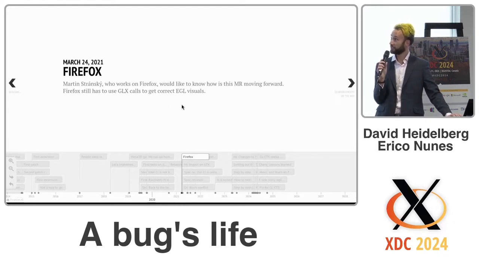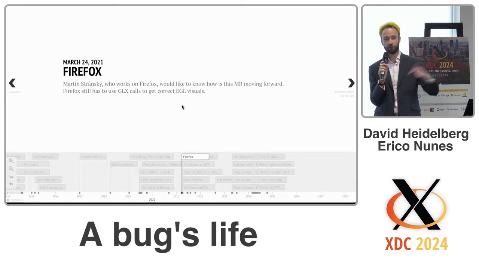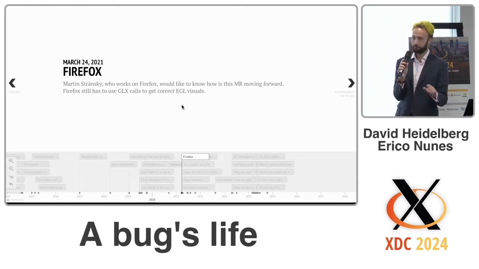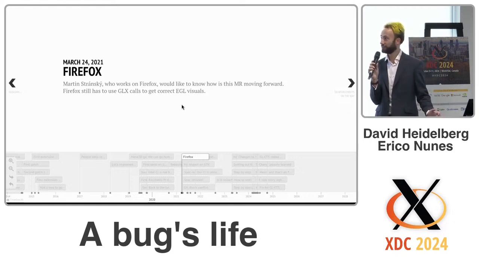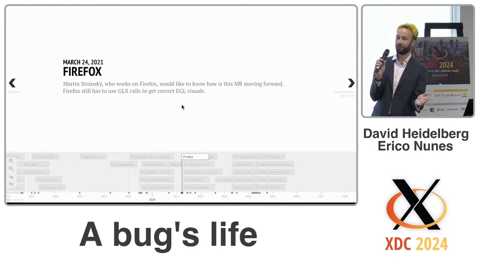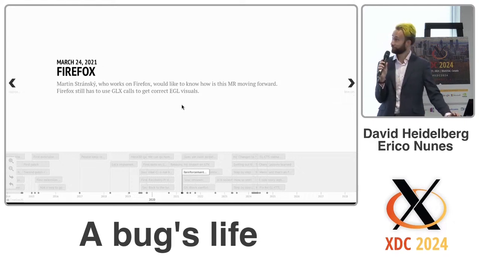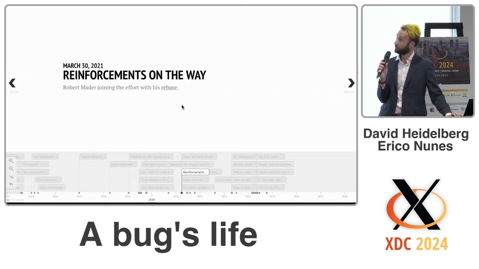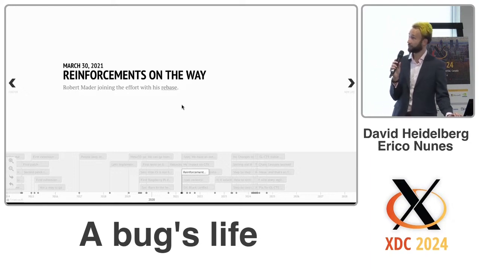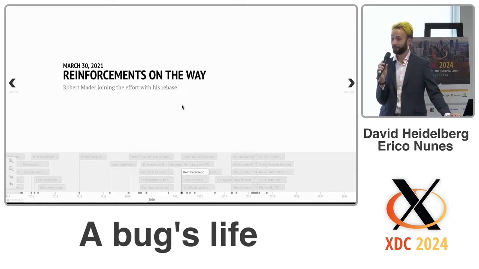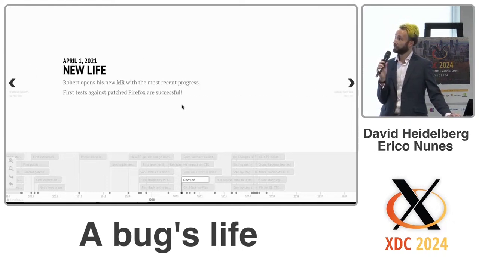Firefox got hit by this issue, so they have to use GLX calls to request a visual because EGL cannot provide that. So Firefox is okay with using EGL; they just have to call one thing in GLX and then use it in EGL. That's not great. After some time, as you can see in 2021, Robert picks up the merge request, rebases it, and tries to move it forward.